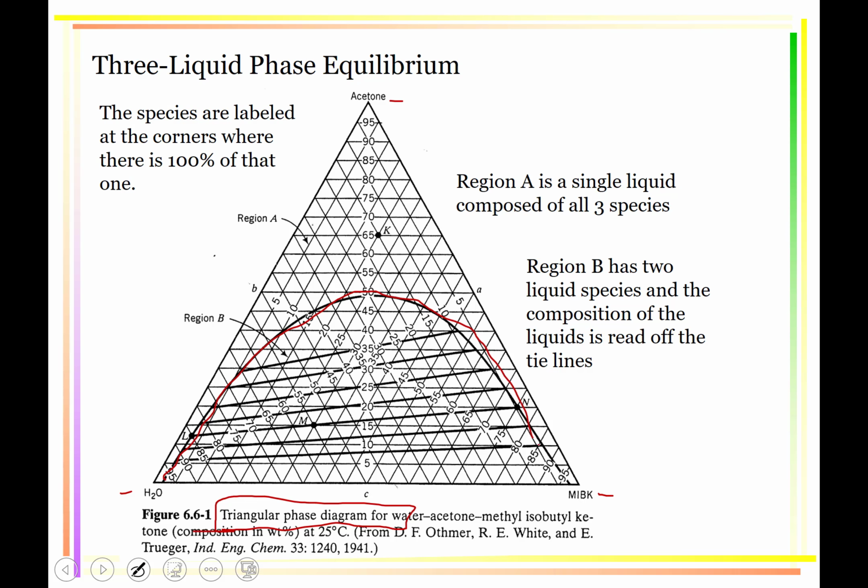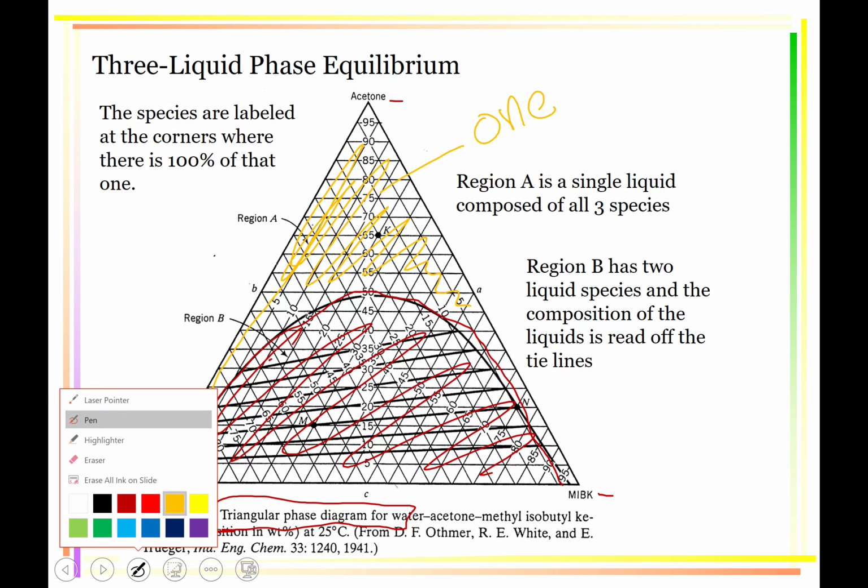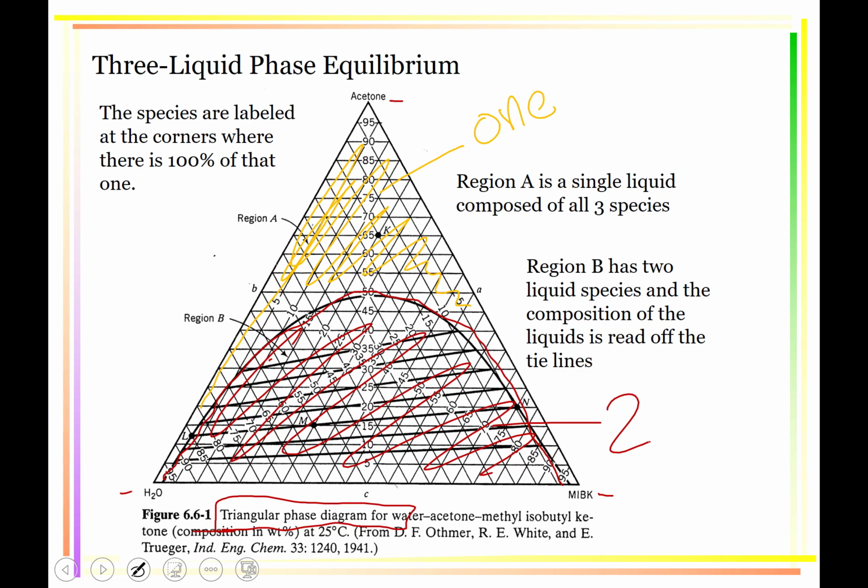Everything below the phase envelope is 2 liquid phases, and everything above the phase envelope is 1 liquid phase. We've got 1 phase here and 2 phases here inside.